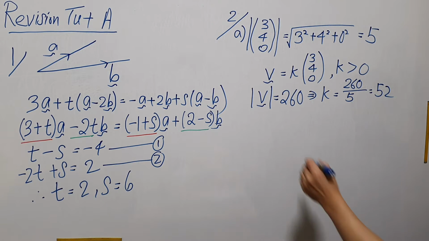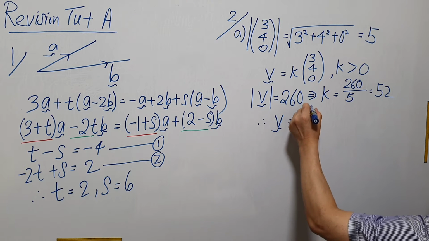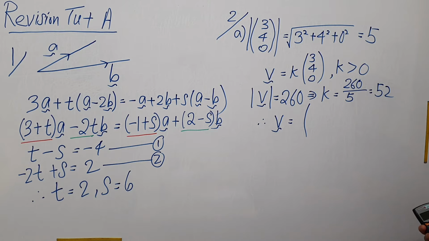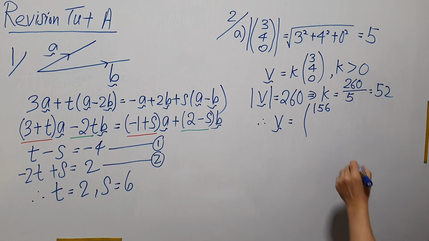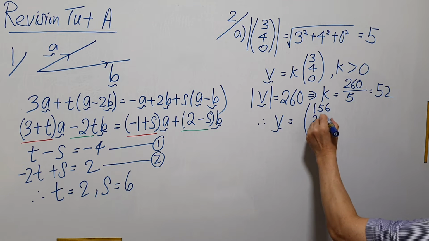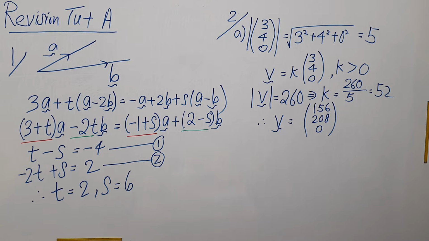So therefore the intended vector v is equal to (156, 208, 0). So this is how you get the first vector for part a.